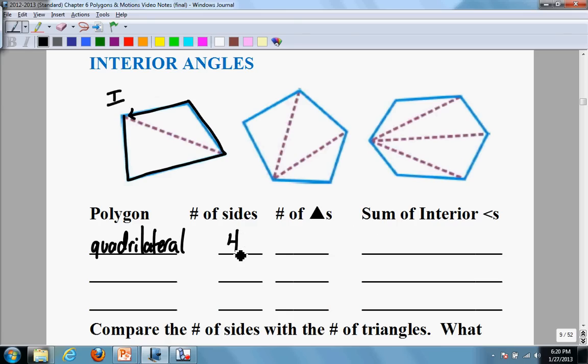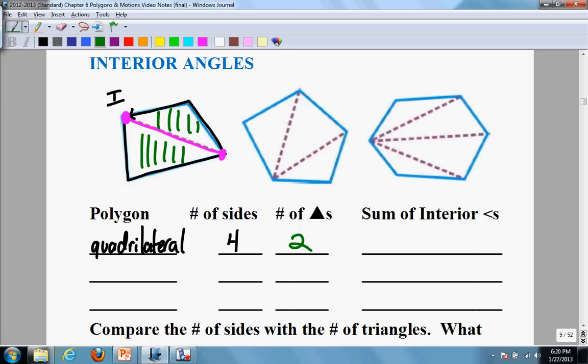It has 4 sides. Now, from one corner, I'm going to draw the maximum number of diagonals that I can. And in a quadrilateral, we can only draw one diagonal from one corner. So when we draw that diagonal, we get 2 triangles.